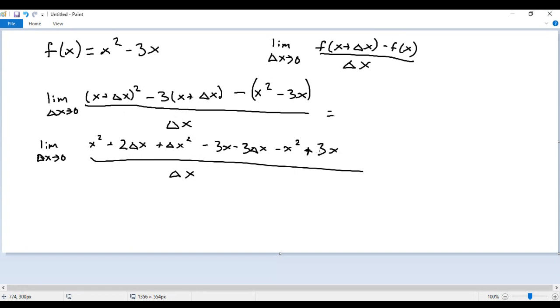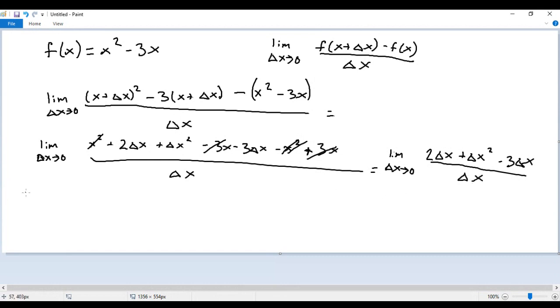And you'll notice all of our terms without a delta x should cancel. We have this negative 3x right here, which cancels with our positive 3x, and our positive x squared canceling with our negative x squared. So this actually becomes the limit as delta x goes to 0 of 2x delta x plus delta x squared minus 3 delta x all over delta x.